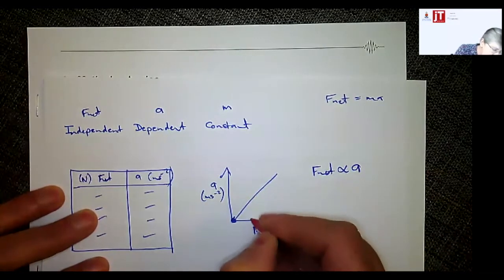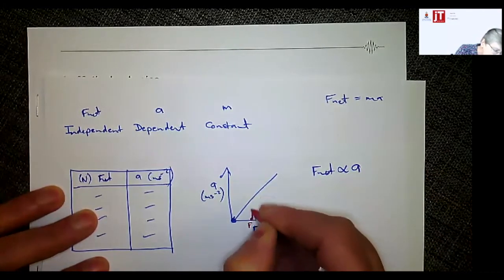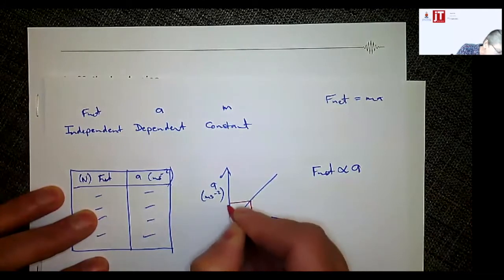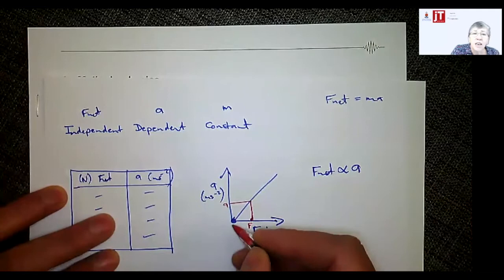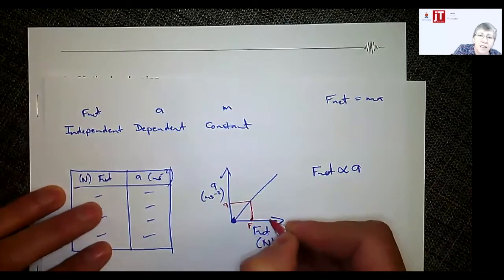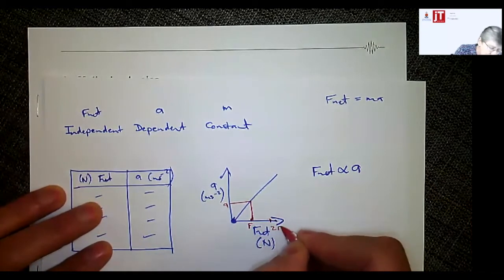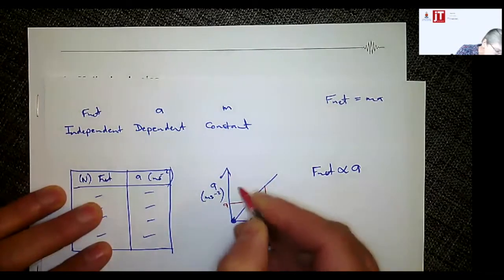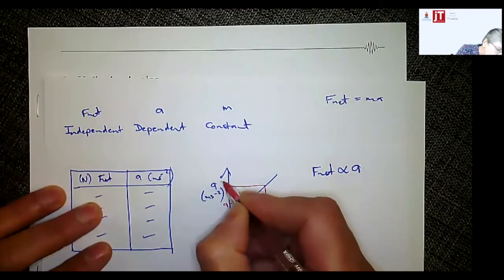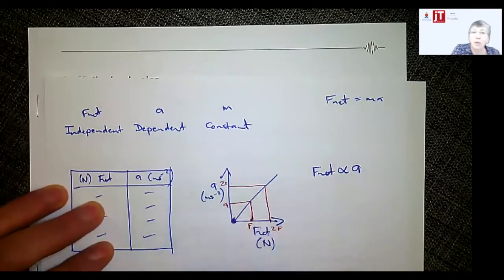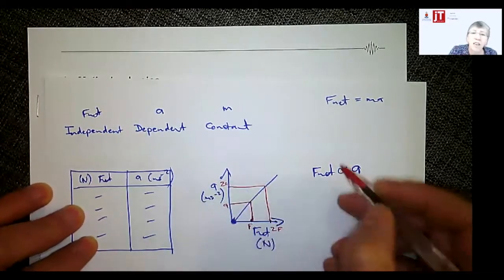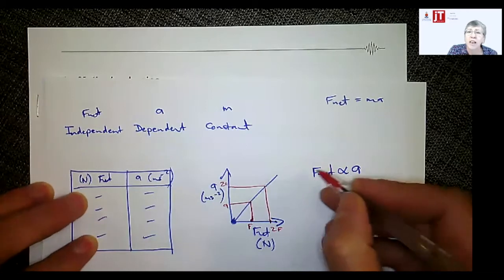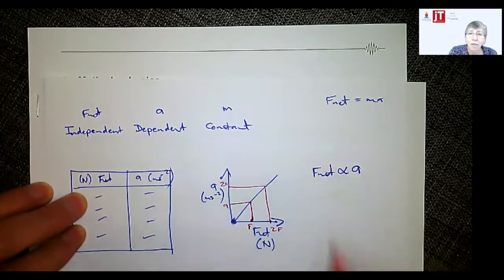It means if I've got a certain F here and it gives me a certain value of A, then if that F increases with a specific factor, let's make it 2F, and you go and look at the A, that A will also have increased with a factor of 2, right? So if it's twice the F, then it's twice the A. They are directly proportional. They increase with the same factor, right?